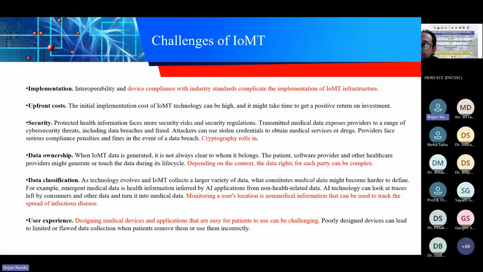Audible, sir. Okay. So user experience, I am also facing this challenge because I am dealing with the biosensor. Suppose I am wearing a jacket carrying all the biosensors which are sensing my blood pressure, my heart rate, my glucose, along with my temperature, etc. So whenever I am wearing the jacket, it's a wearable device.